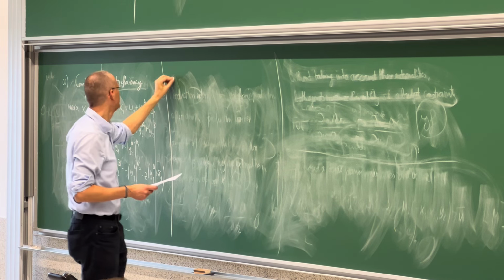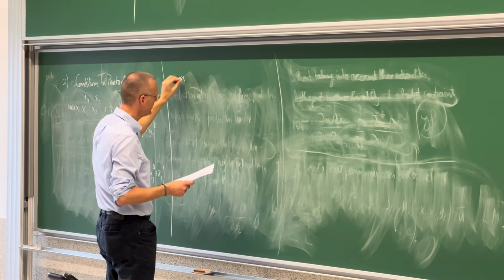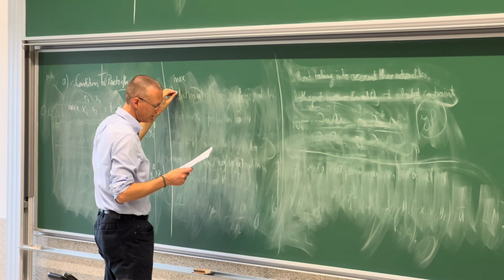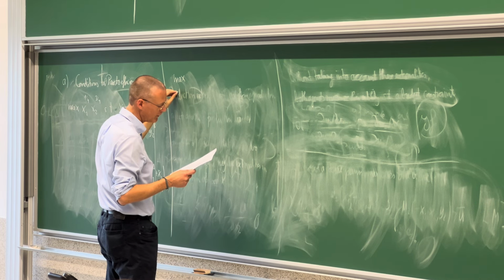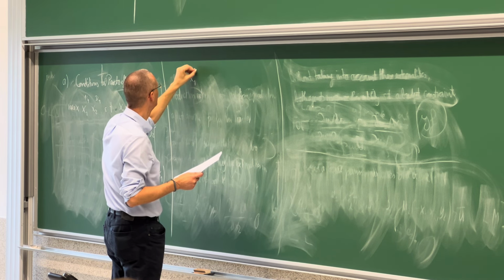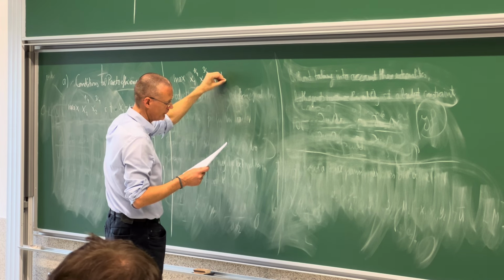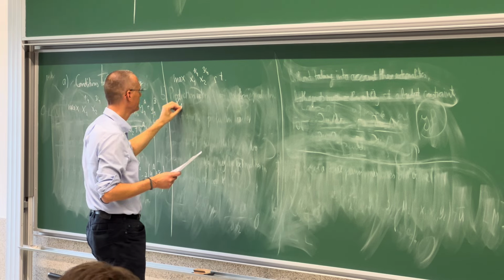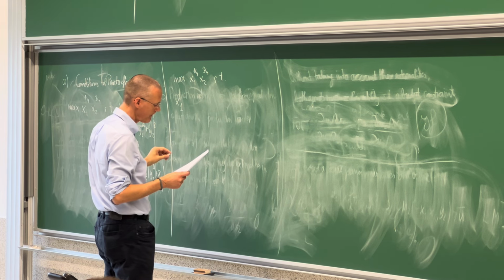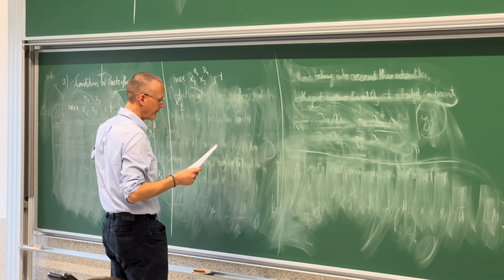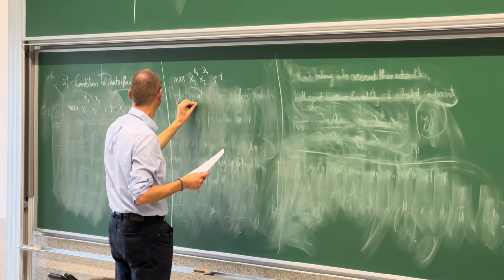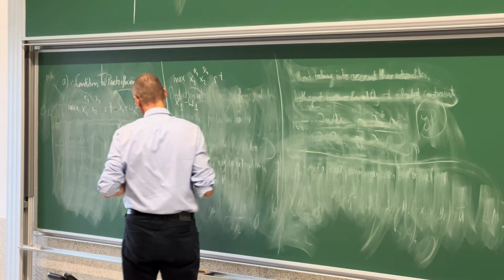And we can also write this equivalently as max, and now I write subject to, and then the first constraint is x1 minus omega 1. I put it all on the left-hand side, this is 0.